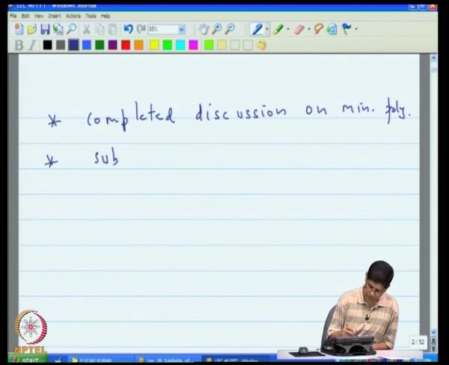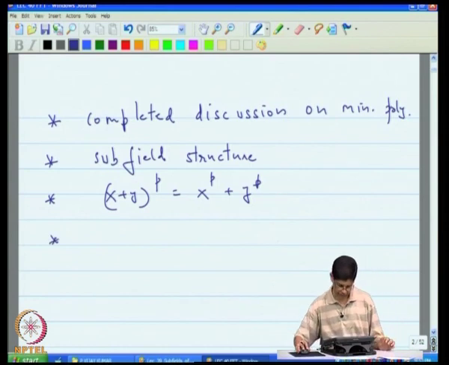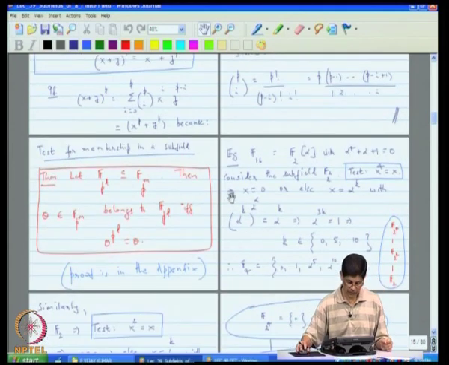So, let me say subfield structure, then we did this lemma, then we also carried out a test for membership in a subfield, which is that for example, if theta to the p to the d is theta, then it belongs to F p to the d. Okay.